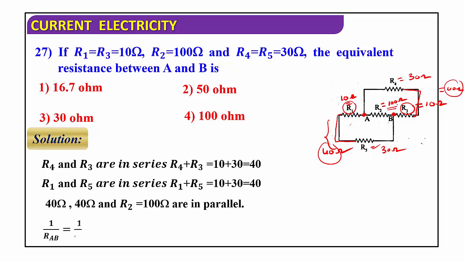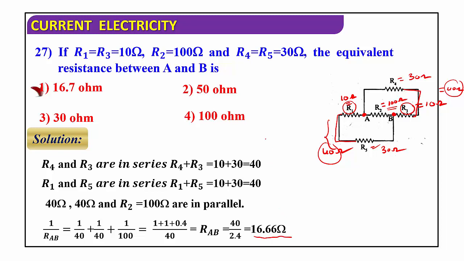So now easily we can find the parallel combination. 1 by RAB equal to 1 by 40 plus 1 by 40 plus 1 divided by 100. Solve this value. We will get the final answer, 16.66 ohm. So 16.66 is equal to 16.7 ohm. So the first option is the right answer.